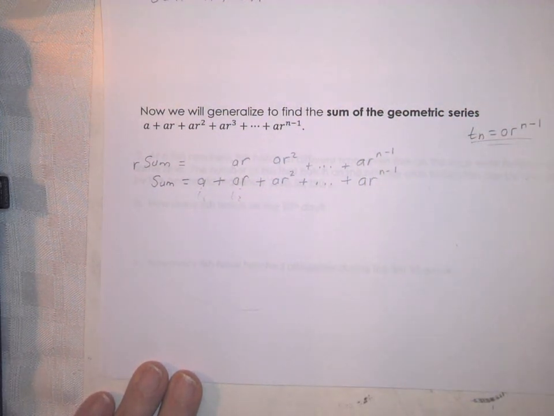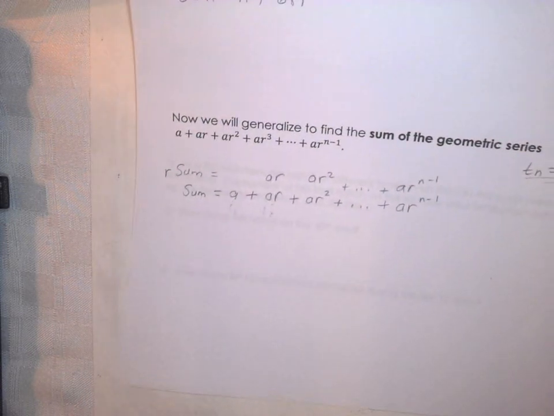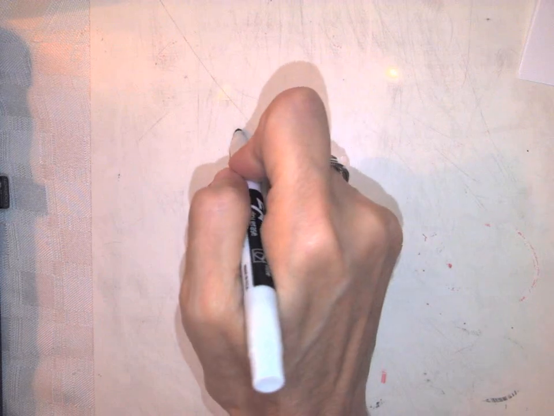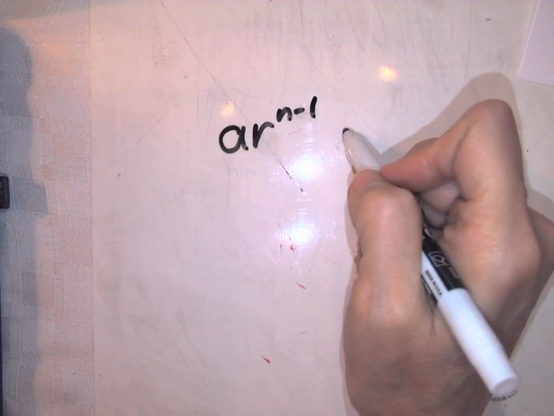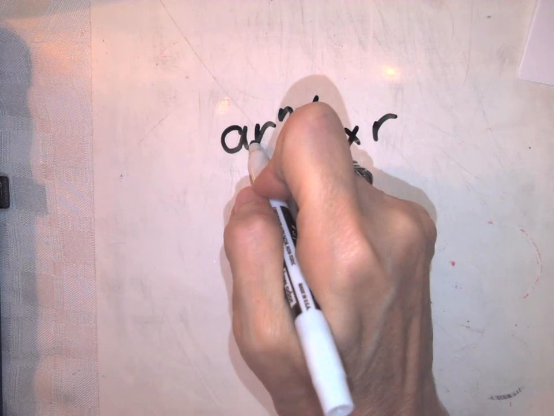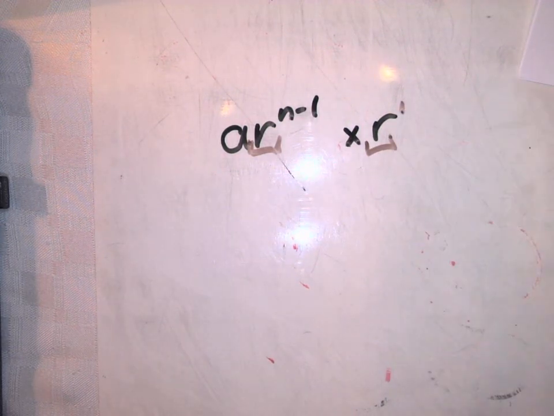But then I have to multiply, I'll show you that down here, or on this board here. If I multiply A times R to the n minus 1 by another R, I'm actually multiplying powers with the same base. And there's like an invisible 1 there.